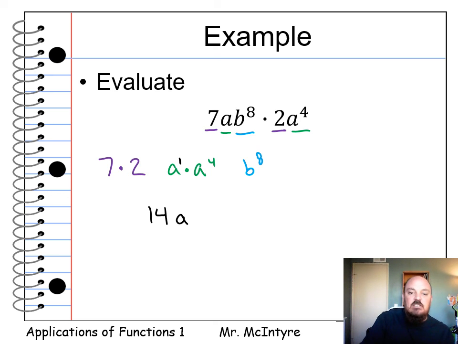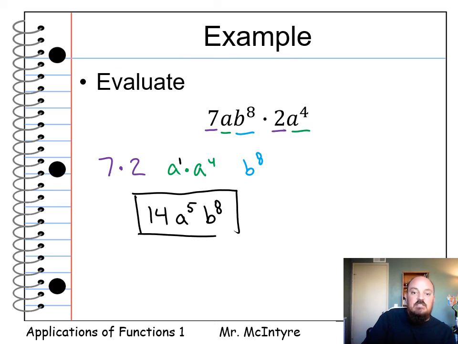And when you add those exponents, you get a to the 5th. Then the b to the 8th, I'm just going to leave as part of my answer. I'm not going to change it at all. But it is part of my answer. It is going to stay there. So the final answer for that one is 14a to the 5th power, b to the 8th.